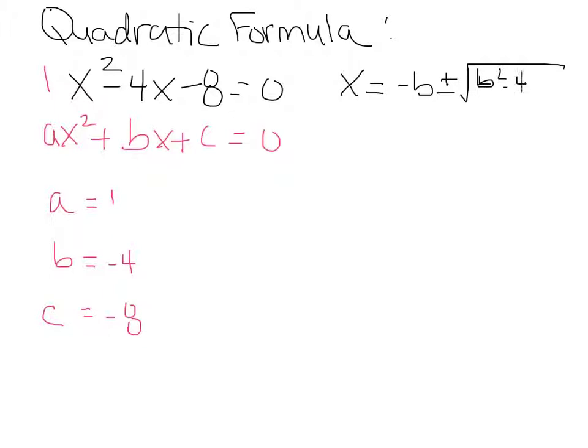That's a b squared. So it's the opposite of b plus or minus the square root of b squared minus 4ac over 2a. And if your teacher wants, you can derive that formula. For the purpose of this video, I'm just going to give you the formula.